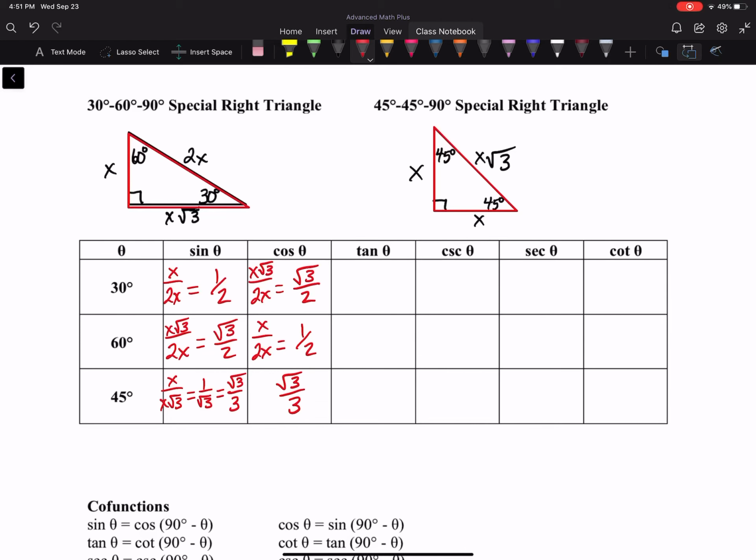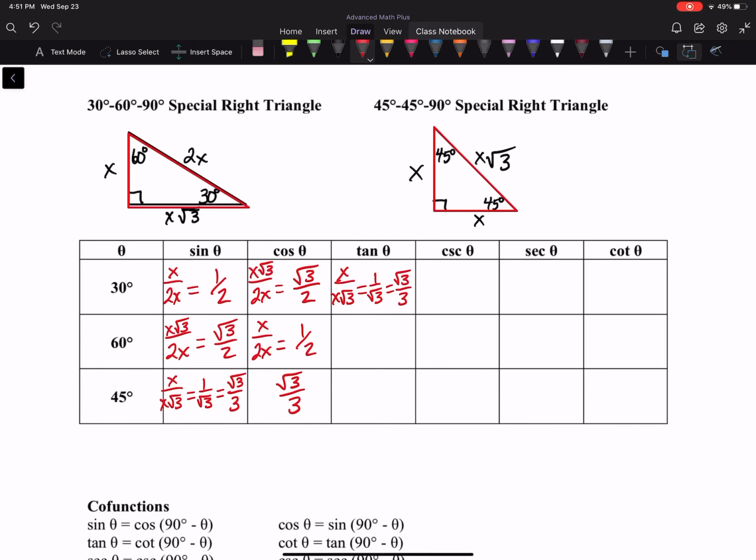The tangent of 30, opposite would be x over adjacent is x square root of 3. Again, those cancel each other. We're left with 1 over the square root of 3, which we've already reduced down here at 45, okay? So we've already reduced this particular one, so I know it's going to end up being square root of 3 over 3.